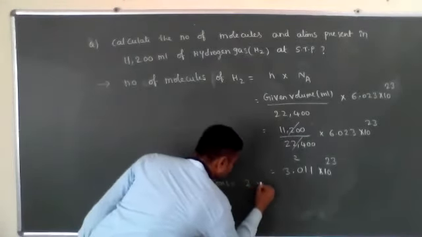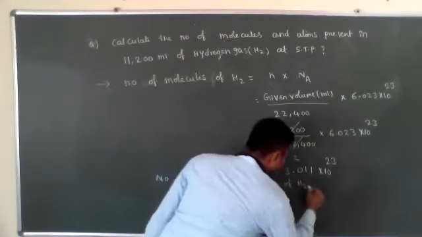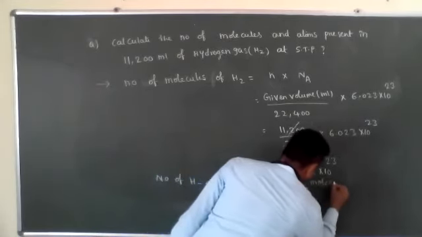So 2 times 3.011 × 10^23 is again 6.022 × 10^23, which is nothing but 1 mole of atoms present.